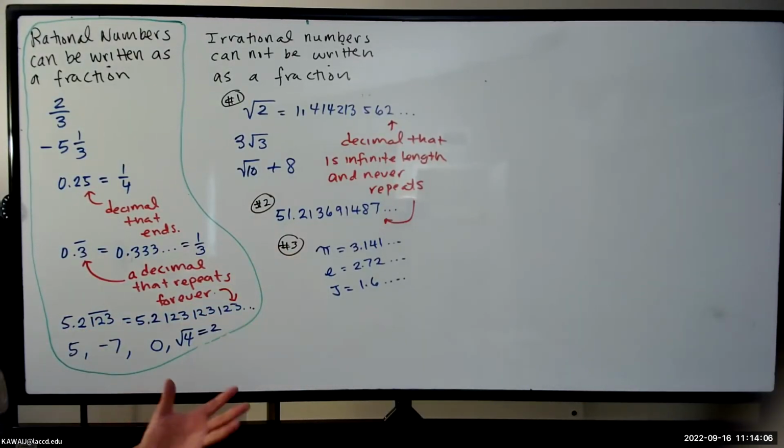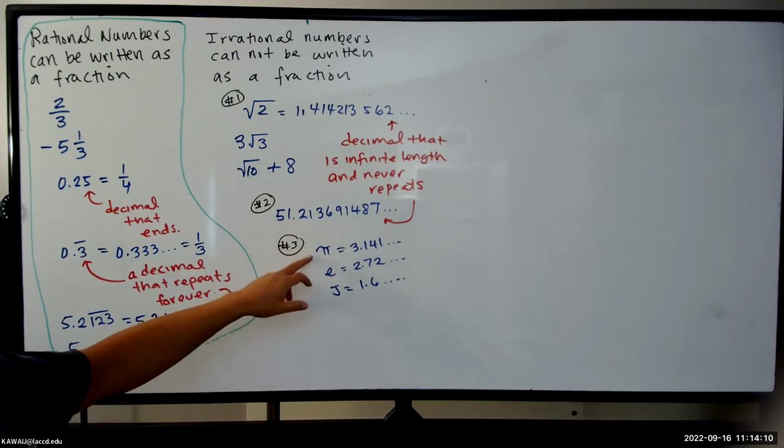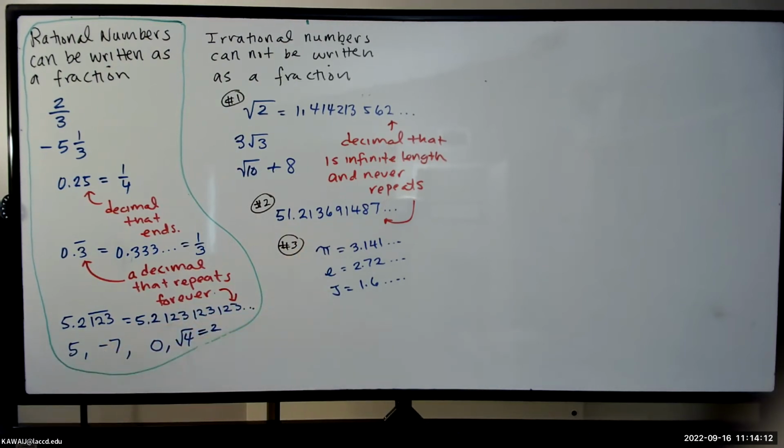You know how Prince had that little symbol? These irrational numbers have a name: pi, e, and tau. These are the three that might show up on your exam.